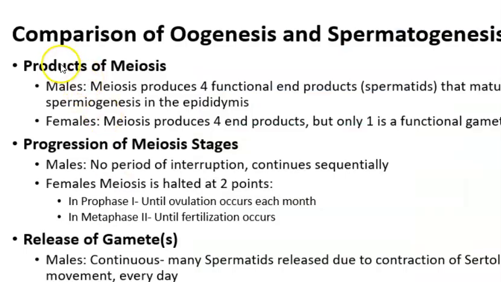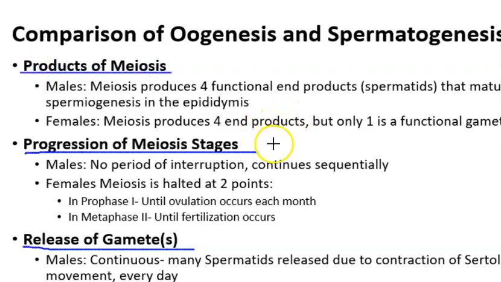We know that the products of meiosis are a little bit different between males and females. We know that meiosis, forming a mature gamete, is a little bit different as far as how well it progresses or if there's any periods of interruption. We also know that the release of gametes occurs slightly differently. So let's first just look at the products of meiosis.